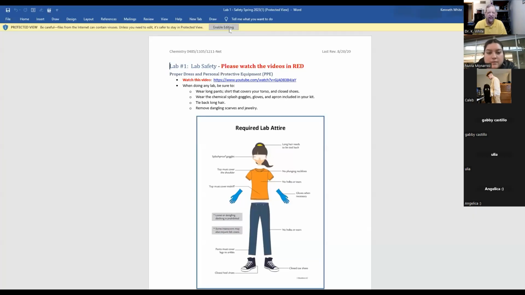All the fun of working with Zoom. All right. This is the safety lab. Did I just delete? Hold on. There we go.